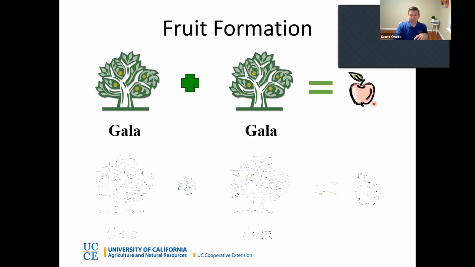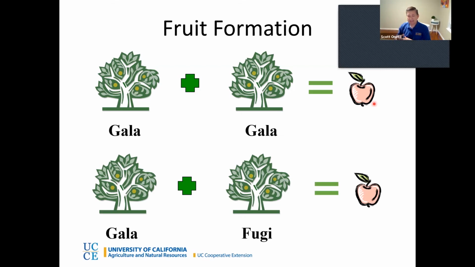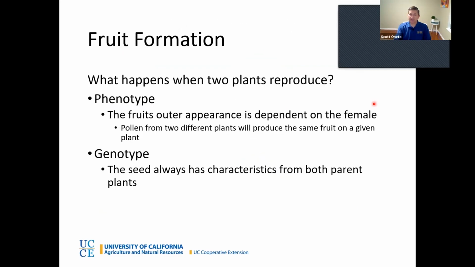That's very logical. But what if my neighbor has a Fuji apple tree and that Fuji pollen lands on my gala flowers and I pick the fruit? Well, I still get a gala apple. I still get a gala fruit from my apple tree. And that's because the fruit is completely dependent on the parent plant.